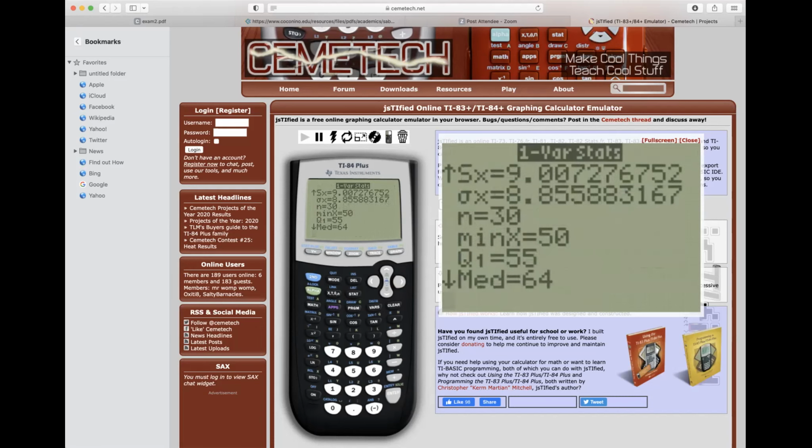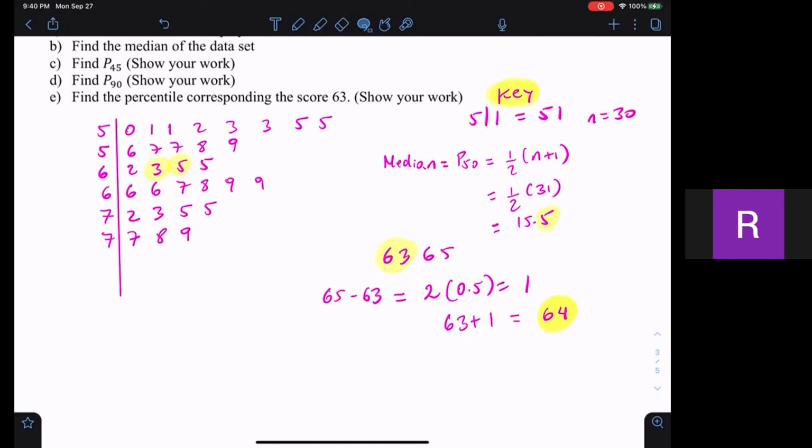Your median, as you can see, is 64, the same value I got when I was doing this by hand. Sometimes you might be a little off, but in general, you should be close to these numbers. Okay, so let's go back to that. Now I found the median.